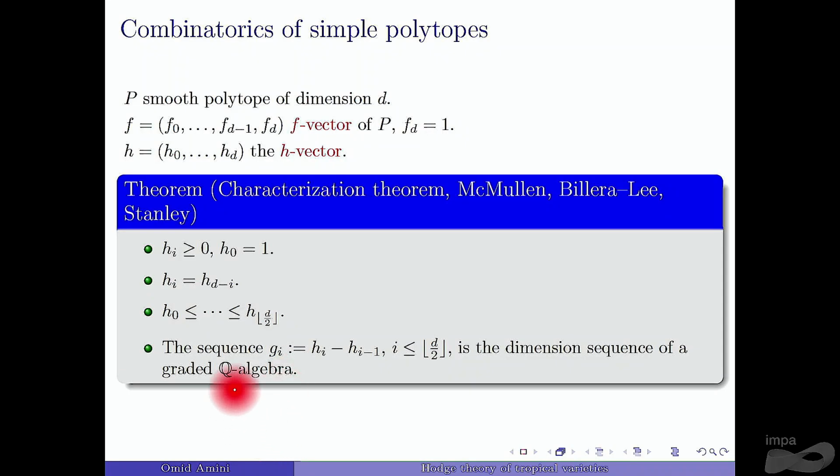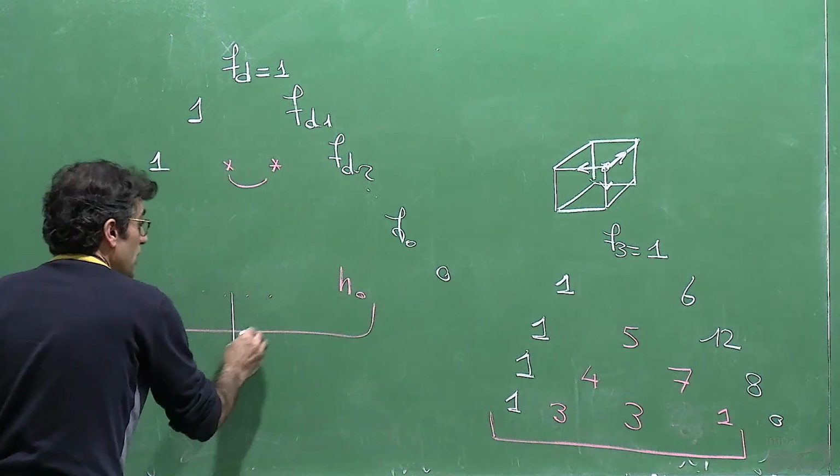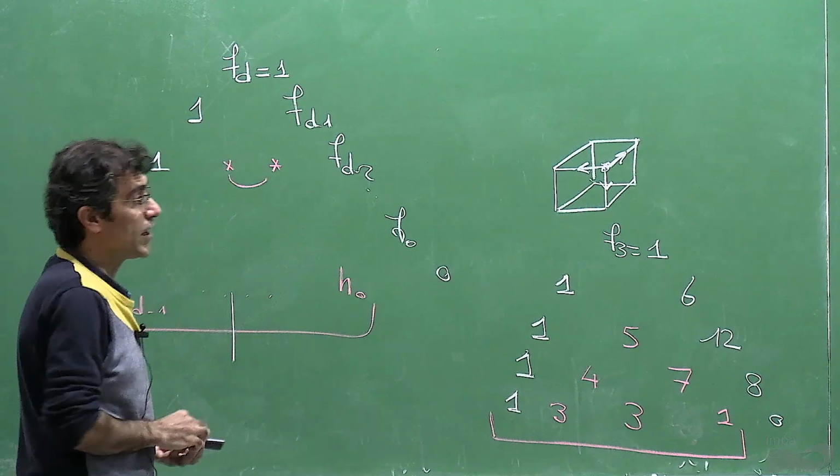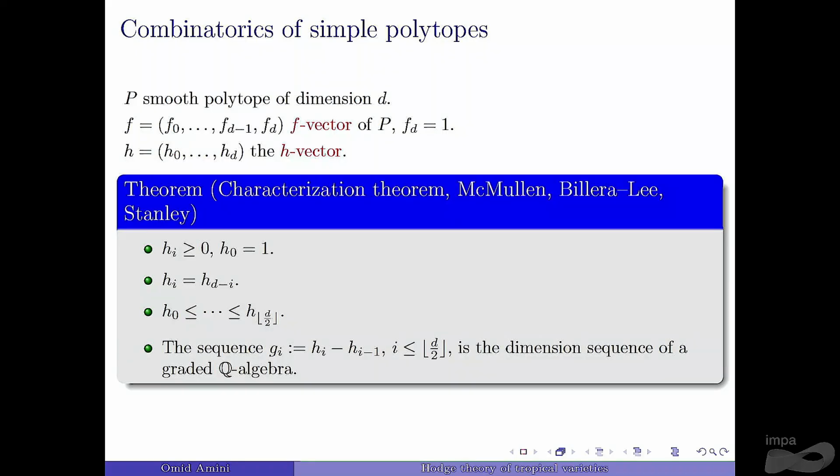But there is an extra condition: if you take the difference of Hi minus H(i-1), you get another vector, which is called the G vector. That's why this theorem is called the G theorem, or G conjecture. And this sequence Gi should be the dimension sequence of a finite dimensional graded Q algebra.